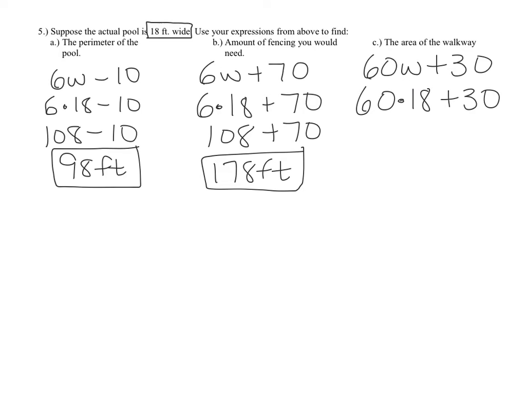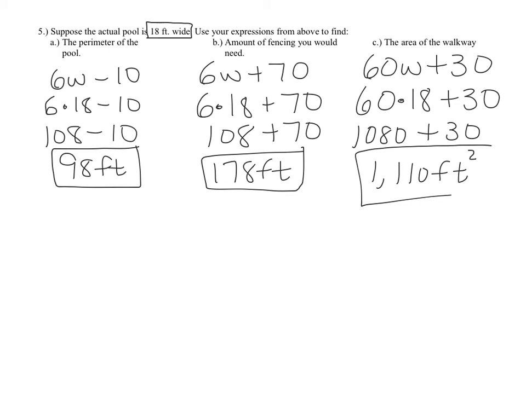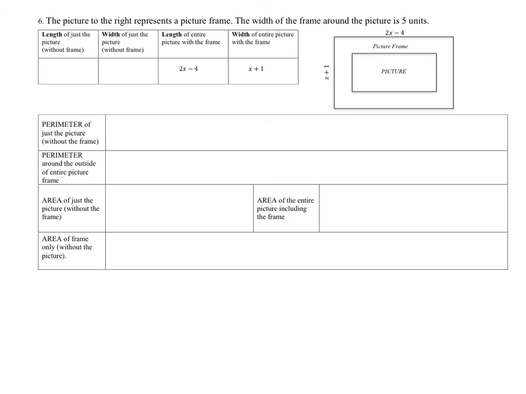So 6 times 18 was 108. So 60 times 18 is going to be 1,080, plus 30 is going to give me 1,110 feet, and now this would be square feet, so we're going to put a little 2 next to that for feet squared, because area is square feet.